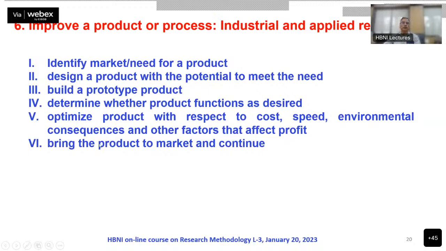And then bring the product to market and continue. You must be seeing many new products coming into the market, and a lot of research must have gone into them. Anything you see in the advertisement these days, a lot of research has gone in as an input, and then they compare, this is better than that and so on. So this is another area, industrial research.